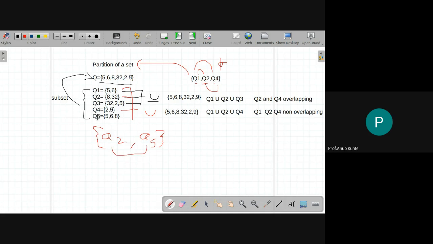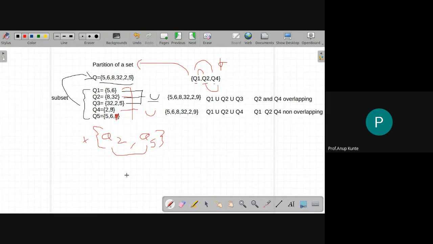Q2 has 8, 32, and this has 5, 6. I should have taken an example with no overlap, so 8, 32 and 5, 6 are non-overlapping. Good. Q2 and Q5 both are subsets, so two conditions are met. But if I take their union, I will not get the original set. I will not get all the elements of the original set. So this is not a partition.